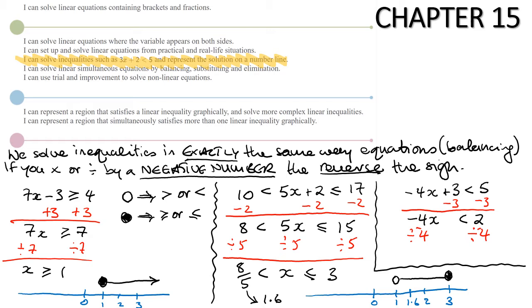Now when you multiply or divide by a negative number, you reverse the sign. So it's still going to be x here, but now you flip the sign around so it becomes greater than, and 2 divided by negative 4 is the same as negative a half or negative 0.5. Okay, so we write our final answer as x greater than negative 0.5. So we reverse that sign when we multiply or divide by a negative number.